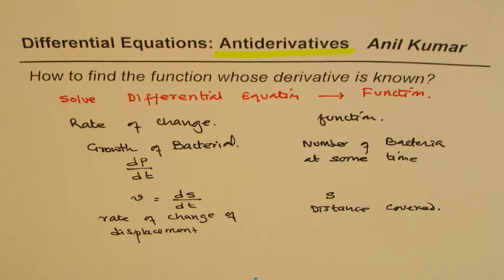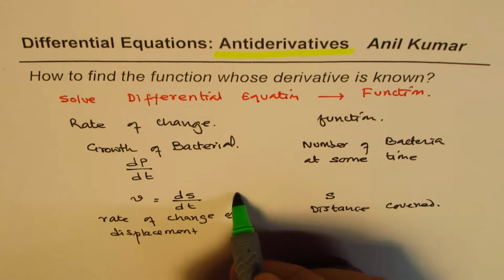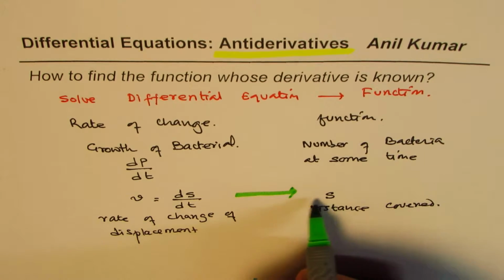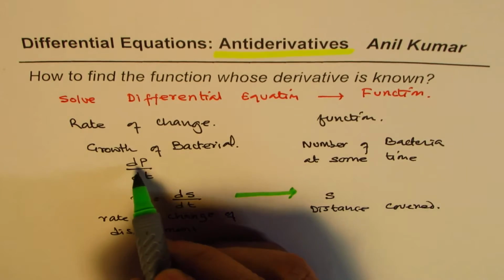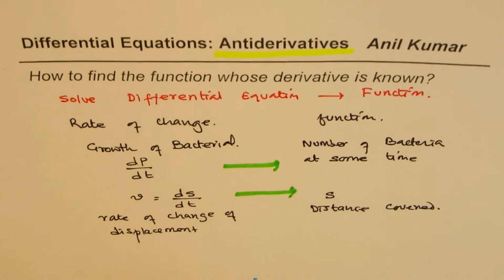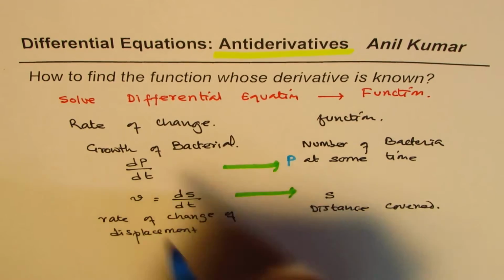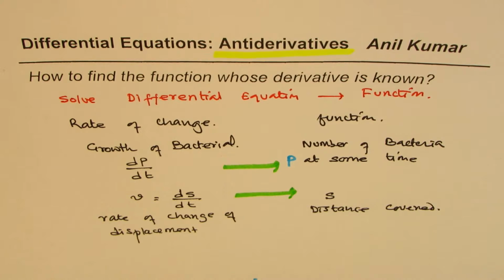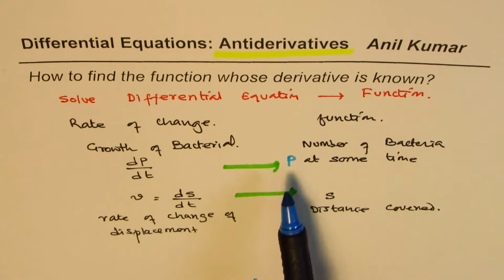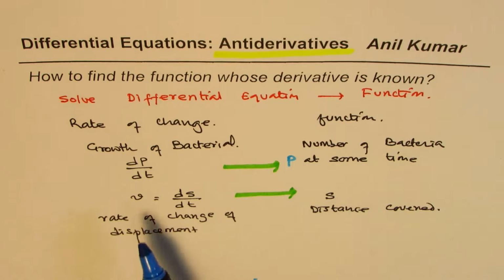Do you see that? So from the known rate of change, we want to find the function, right? From the known rate of change here, we want to find the population P in this case, right? Now this population may be a number, but this could also be a function, since the velocity, as I said, could be varying.